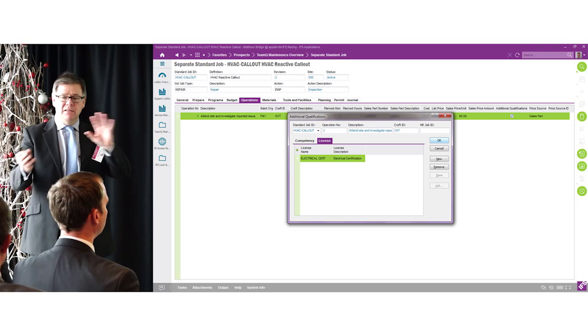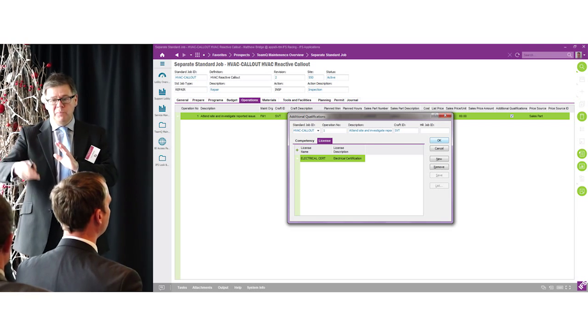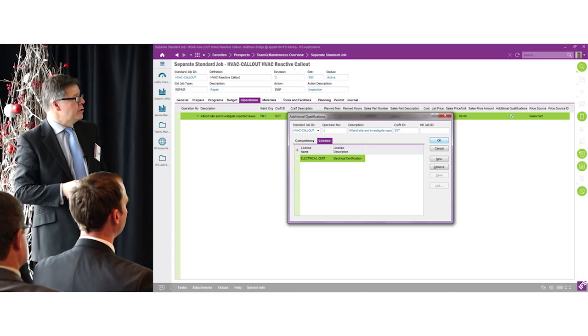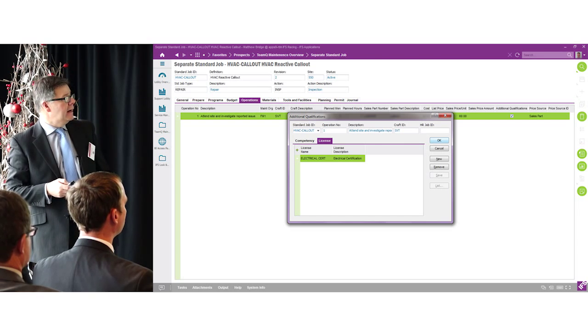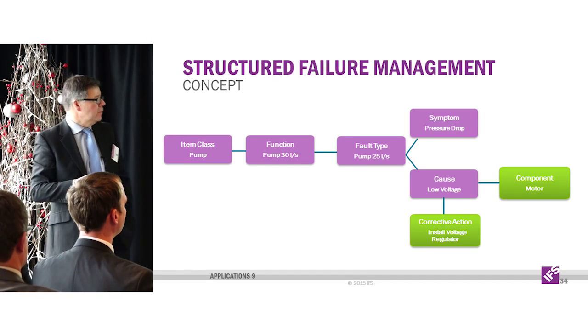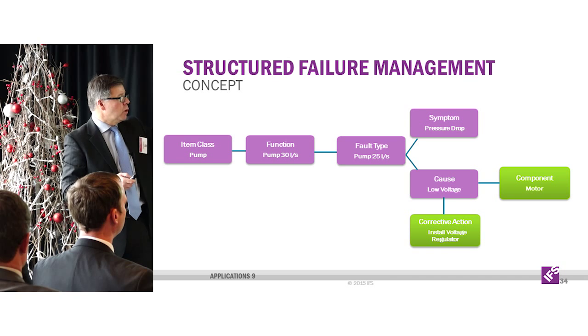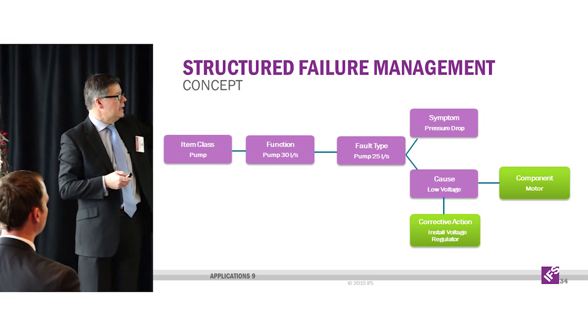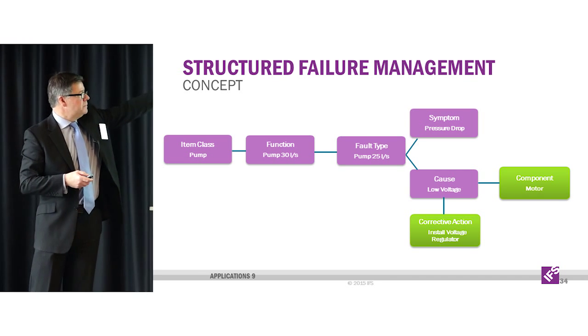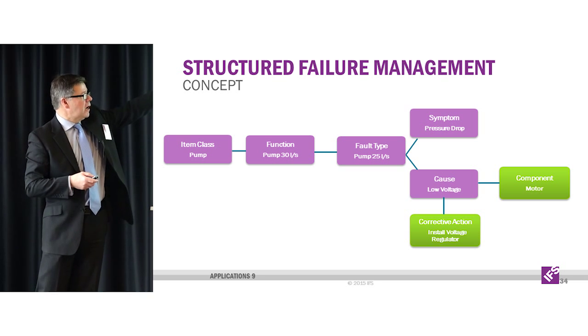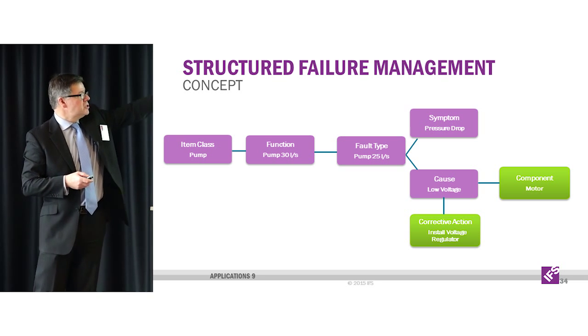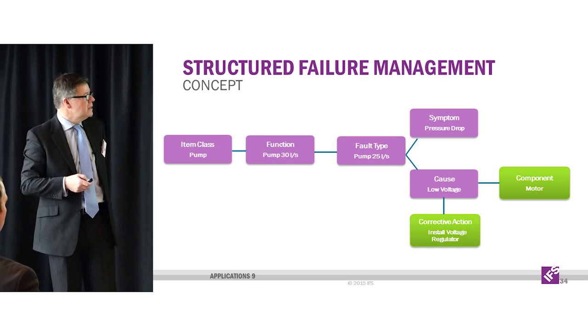Whether that's dynamic or a little bit more manual. And I'll talk a little bit about scheduling as we go. So this is what I mentioned earlier about failure analysis. We have item classes, so this is types of assets.